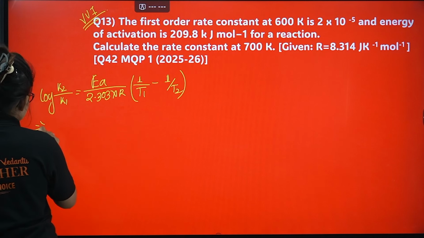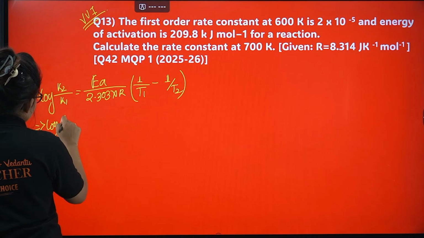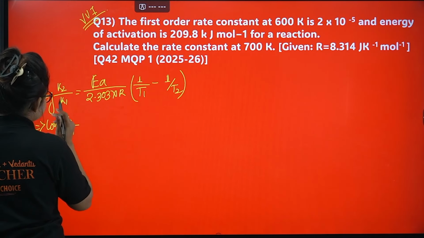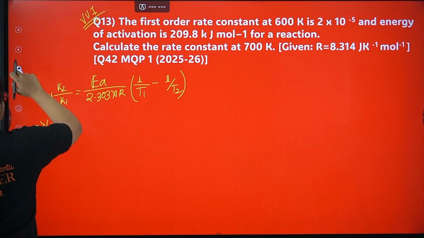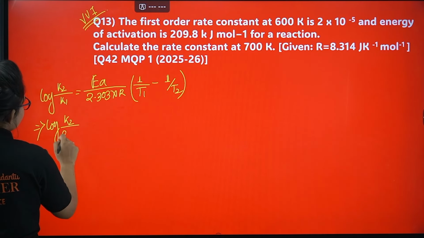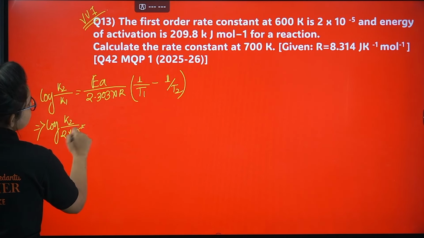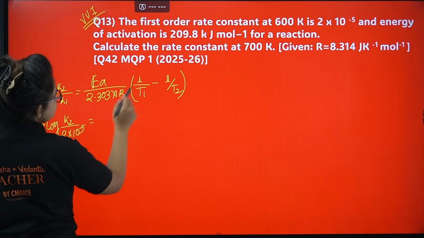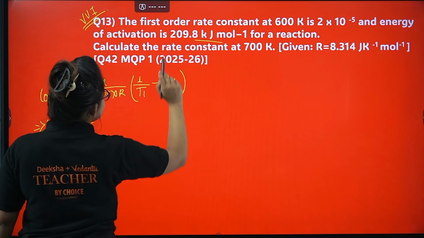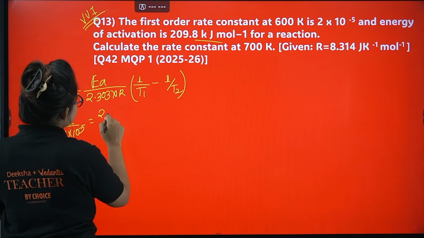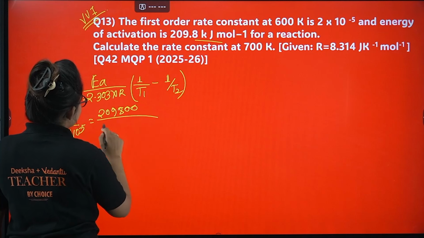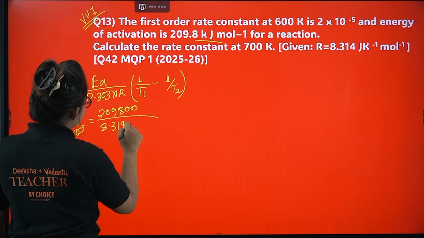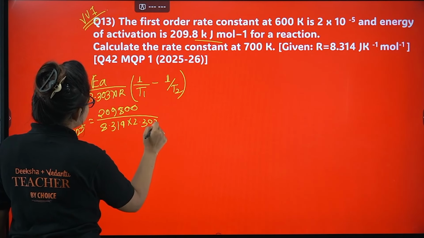Let's put everything. Log K2 by K1, K1 value is given, that is 2 into 10 power minus 5, equals the energy of activation, which is given in kilojoule. We will convert it into joule, 209,800, right? Yes. 8.314 into 2.303.